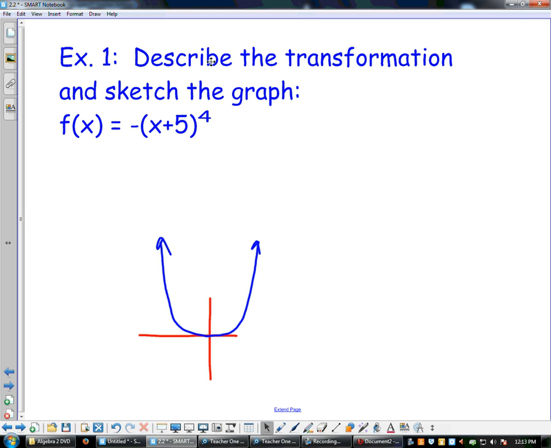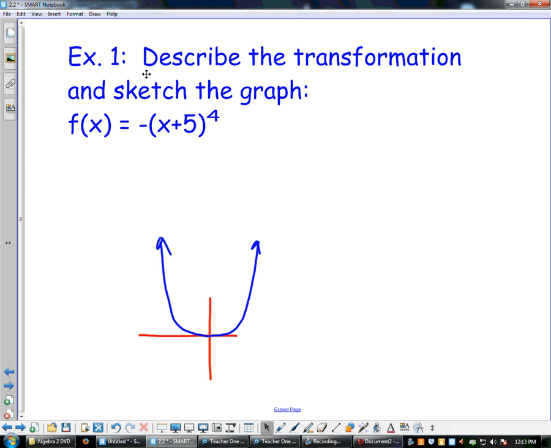Okay, so how would you describe, just like the warm-up you had today, describe the transformation and sketch the graph. So let's say we have the opposite of x plus 5 to the 4th. How would you describe the transformation from the parent graph, which is y equals x to the 4th?